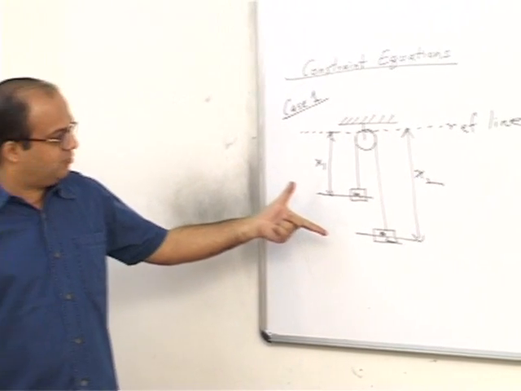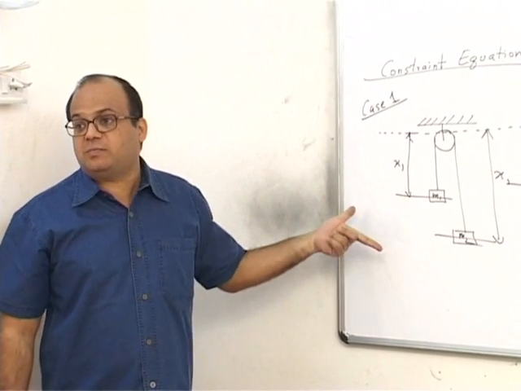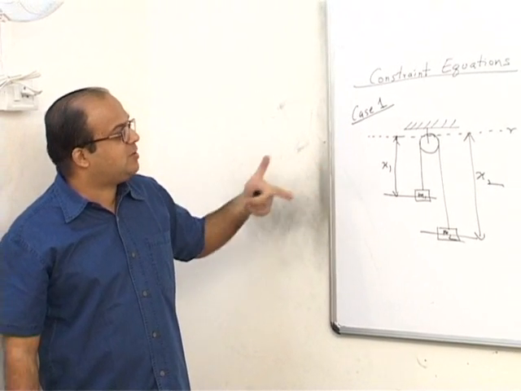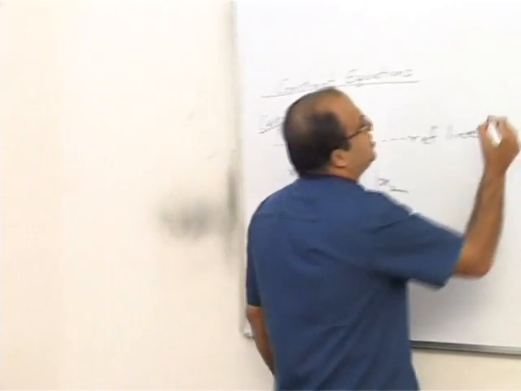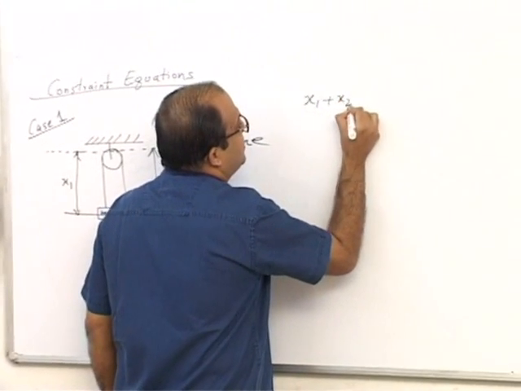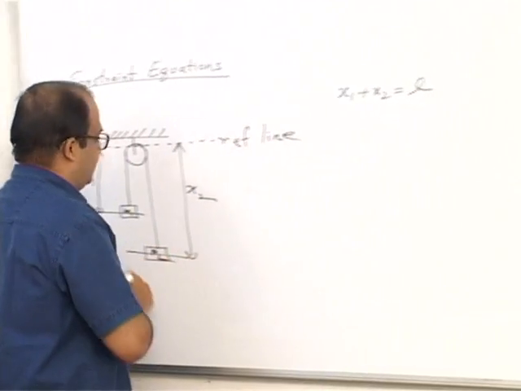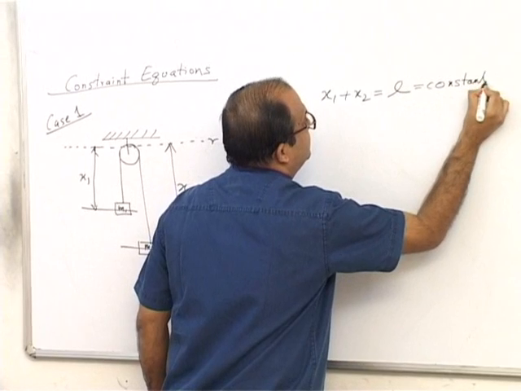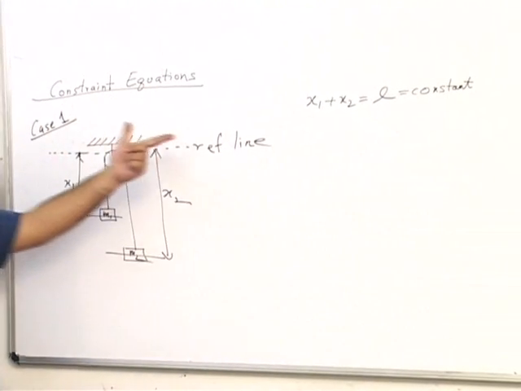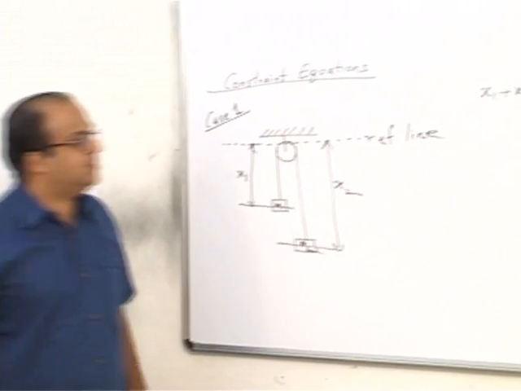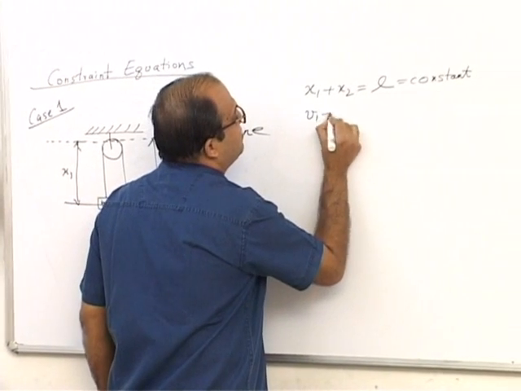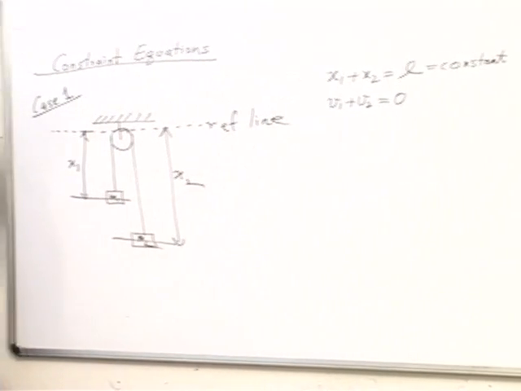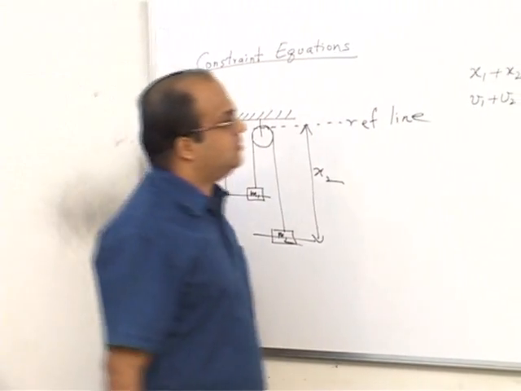As these masses move, the length of the string must remain constant. So x1 plus x2 must remain constant. So x1 plus x2 is equal to the length of the string, and that must remain constant. If you differentiate this equation with respect to time, you get v1 plus v2 equal to 0, because differentiation of a constant with respect to time will be 0.